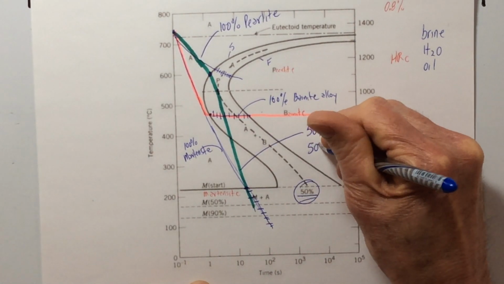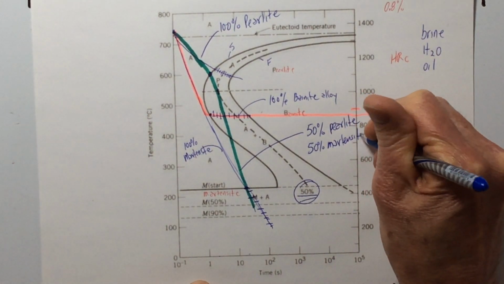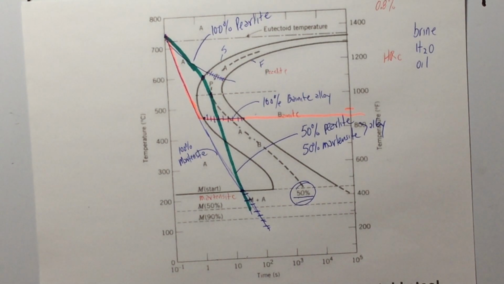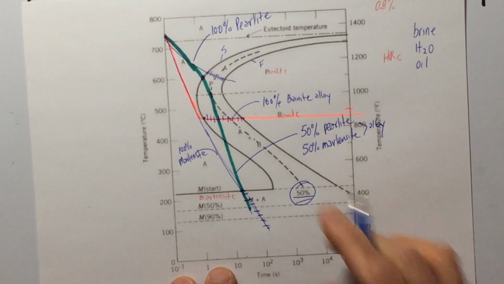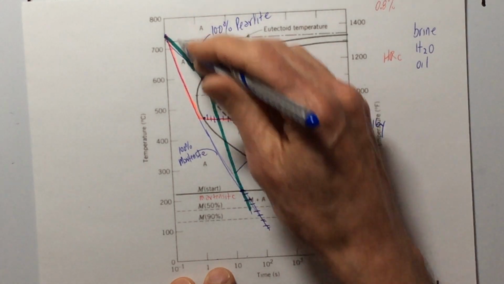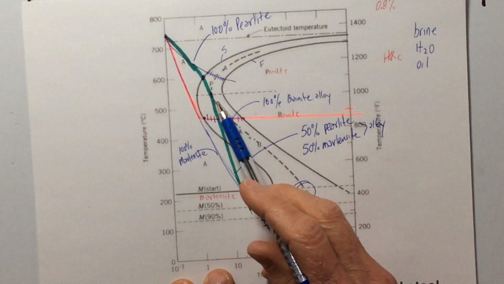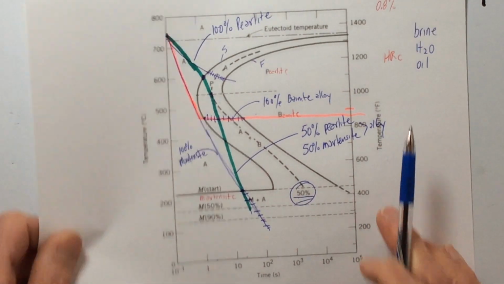So it would be a 50% martensite alloy. Okay, so those are the possibilities. There are lots of different types and things as far as what could happen with this. But just so you understand the basics of how these cooling trajectory curves work, and these are all predicated on the type of quenching media that takes place. All right.